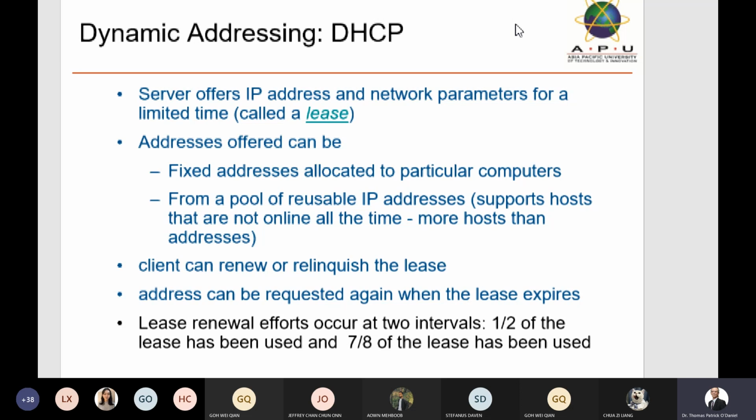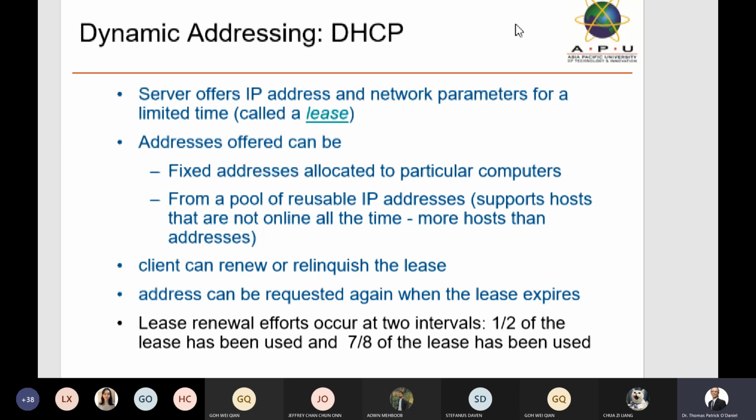And that lease needs to be renewed. The idea here is that with just a few IP addresses, we can serve a lot more people, because the people who are offline don't need an IP address, and only the people who are online do need one.